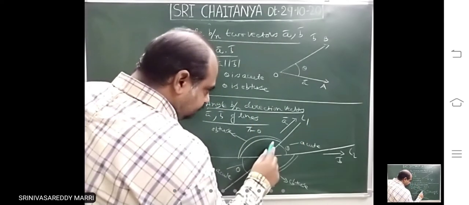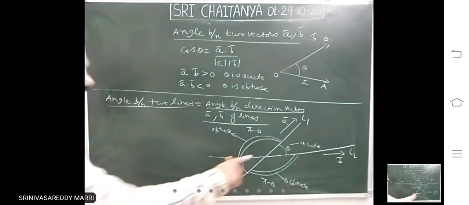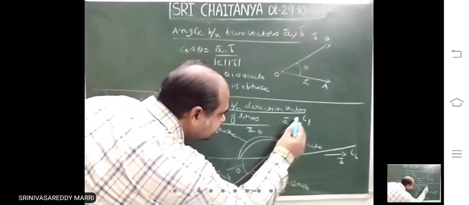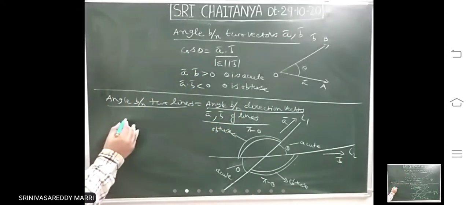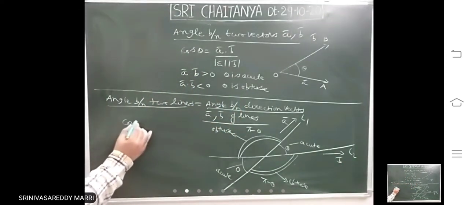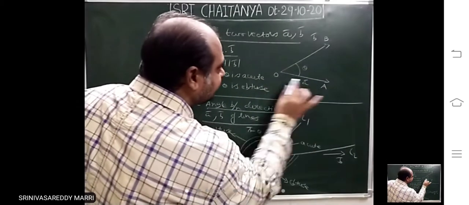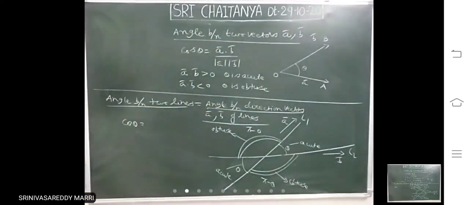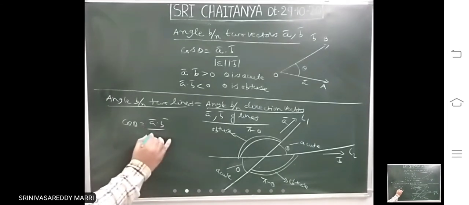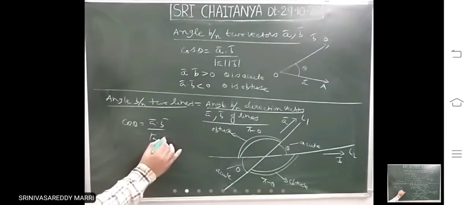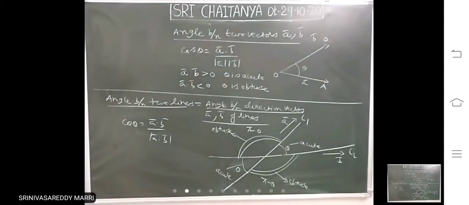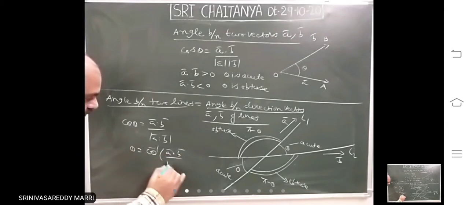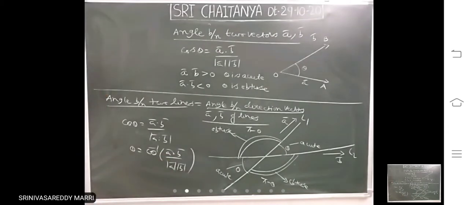That means this theta is nothing but the angle between this direction and this direction. That means cos theta. How do we calculate the angle between two lines? In the same manner, the angle between A bar, B bar is theta. So we will calculate this theta using cos inverse of this.